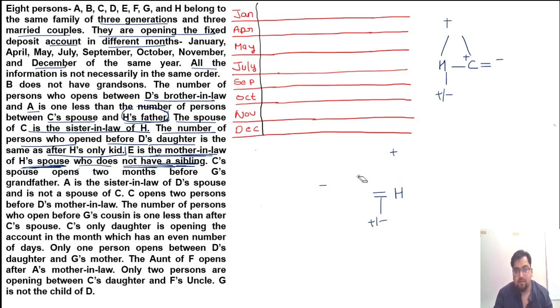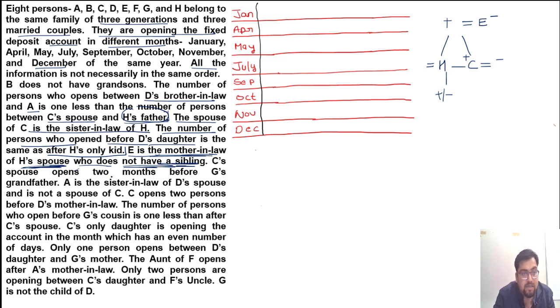Rub these things. No, there must be the H spouse. I don't know the gender of that spouse, but for this I know E is a mother-in-law. That means E is a mother of H. How many persons have we allotted right now? That is 1, 2, 3, 4, 5, 6 and 7. We need to place only 8.